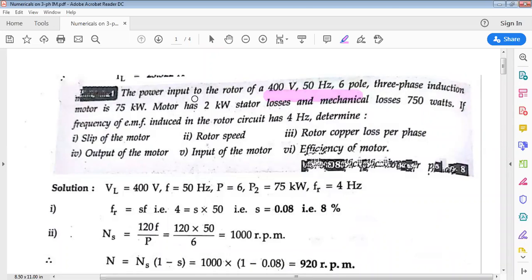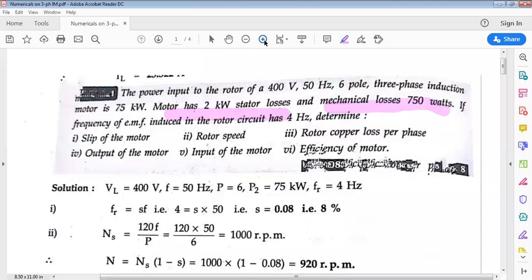Okay. Three-phase induction motor, input power is 75 kilowatt. Since it is given in kilowatt, it means active power. Motor stator losses are given as 2 kilowatt, and mechanical losses are given as 750 watts.